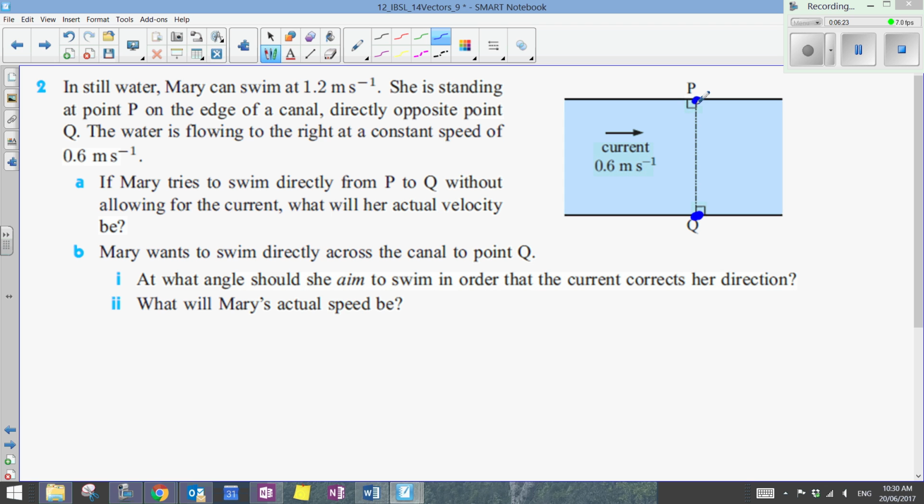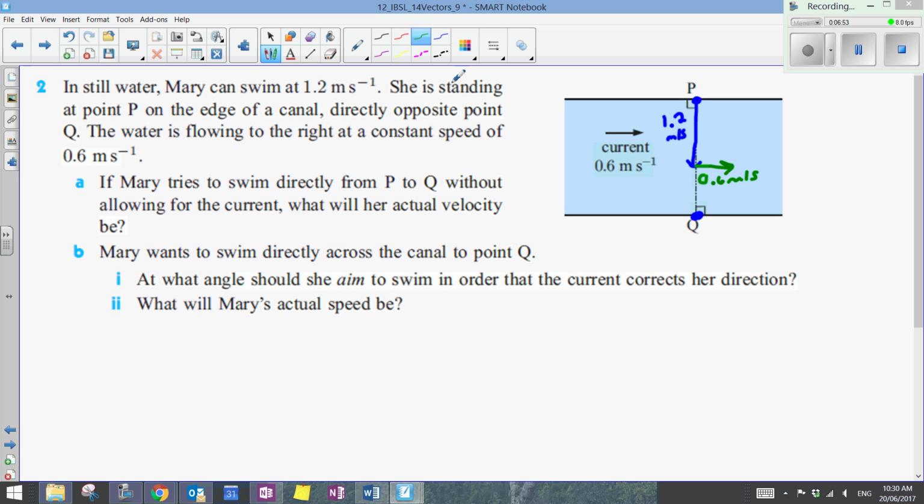So if we had absolutely no factors that were affecting her swim, she could swim straight across from P to Q, and she could swim at about 1.2 meters per second. However, the water is flowing to the right at a constant speed of 0.6 meters per second. So she has this external factor, this force from the current that is pushing to the right at 0.6 meters per second.